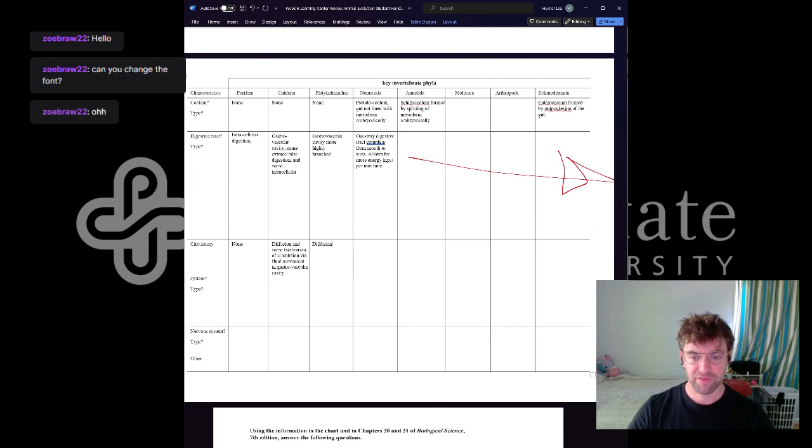Platyhelminths, we have diffusion, and some facilitation of circulation via fluid movement in the gastrovascular cavity.